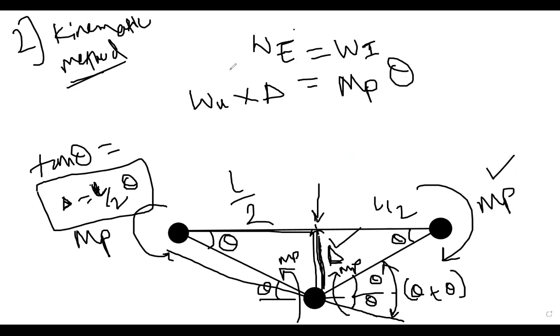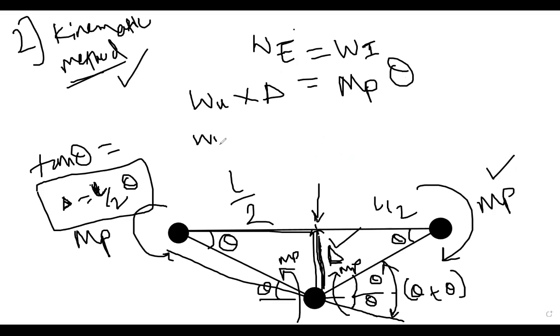So this is the principle of virtual work that we have to apply in which method? Kinematic method. So external work is equal to internal work. External work is W into delta, equal to MP into theta, that is internal work.